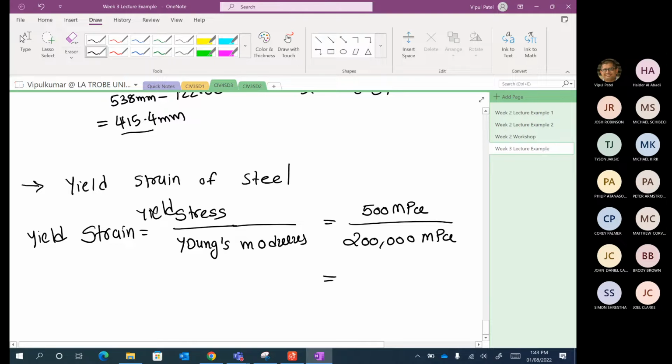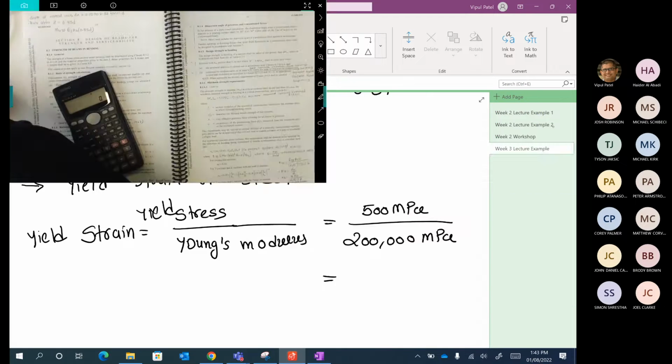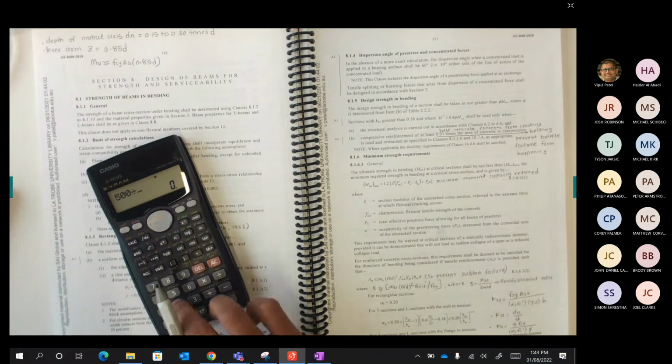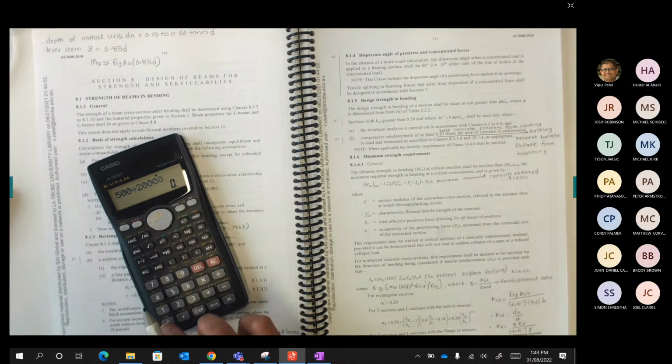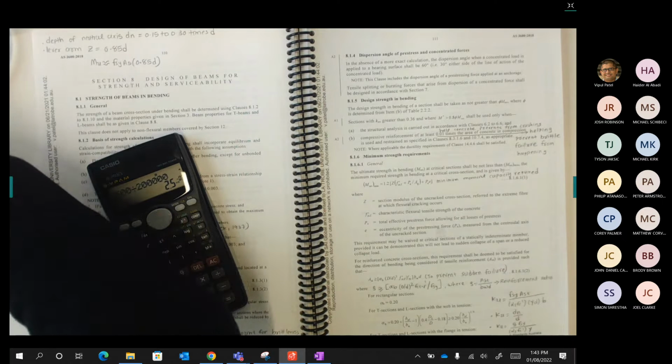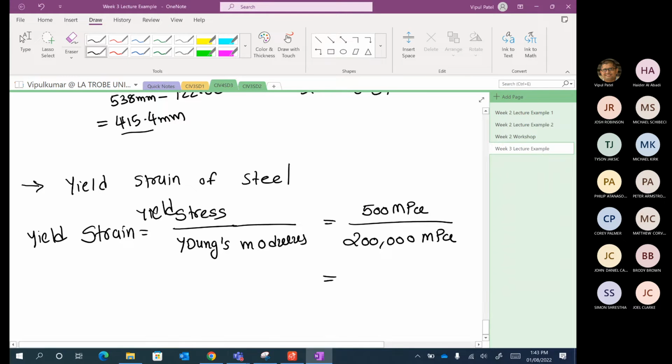If I use the calculator, 500 divided by 200,000, you get 0.0025 as a strain. So yield strain is equal to 0.0025.